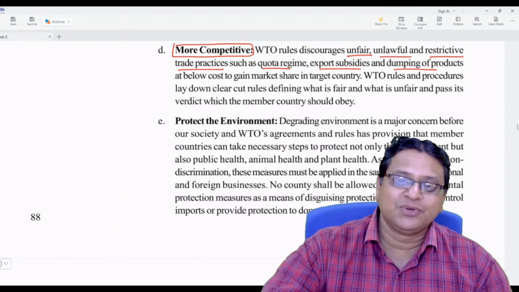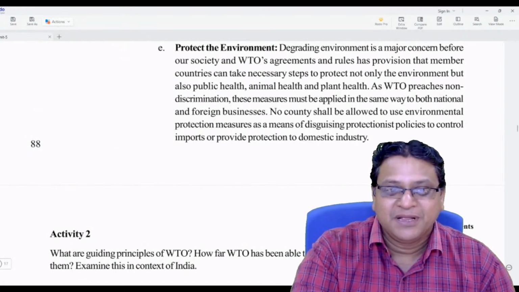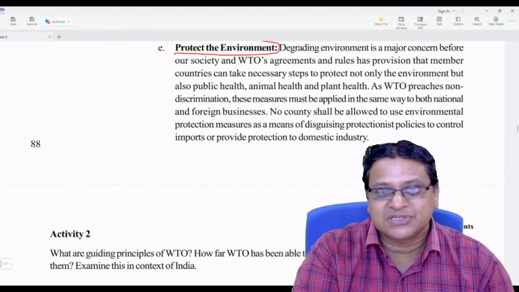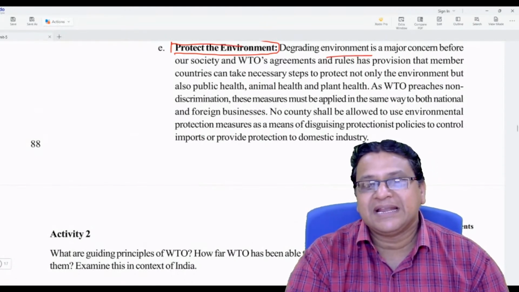Next, WTO rules must protect the environment. They must have environmental concerns. Environment issues are taken care of.